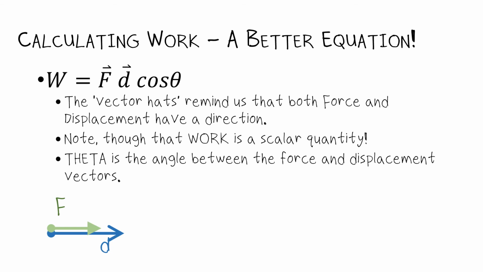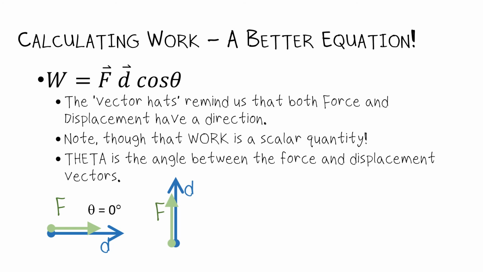Let me show you some examples of this. If the object is moving to the right and the force is also acting to the right, I offset them a little bit, but realistically they should be sitting on top of each other here. In this case, the angle between them would be 0 degrees. Sometimes I tell kids to imagine it's like alligator jaws. Right now the alligator jaws are closed, so the angle is 0 degrees. So that's not a big deal.